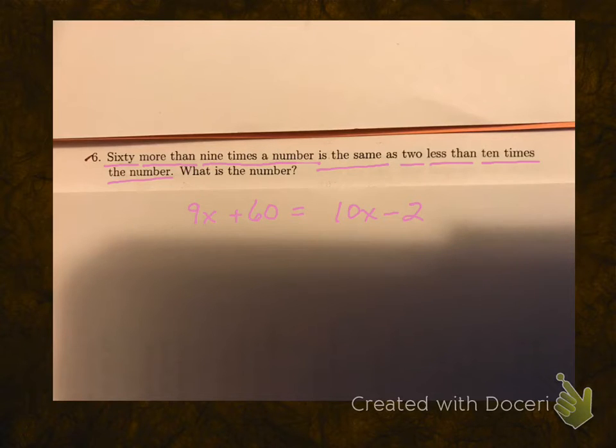That's why we use x on both sides. Okay? We want to isolate x, so we're going to get the x's on one side by subtracting x. We're going to get the constants on another side by adding 2. And we end up with 62 is equal to x.